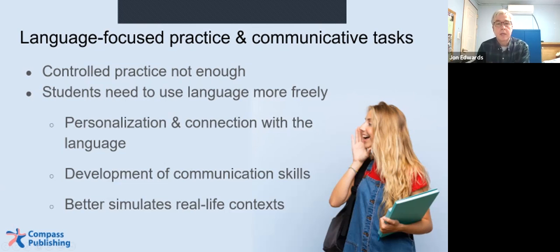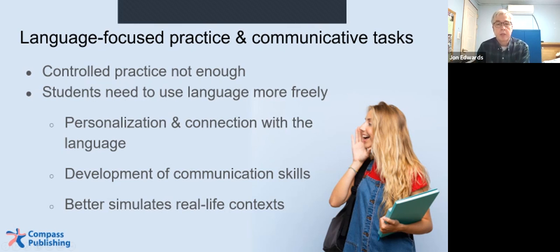Students also need to use the language more freely and get used to being in more realistic communication situations. They also need to be able to personalize the language by talking about their own experiences, their own ideas, and make a connection with the language, because that's where they're going to really learn and develop fluency.